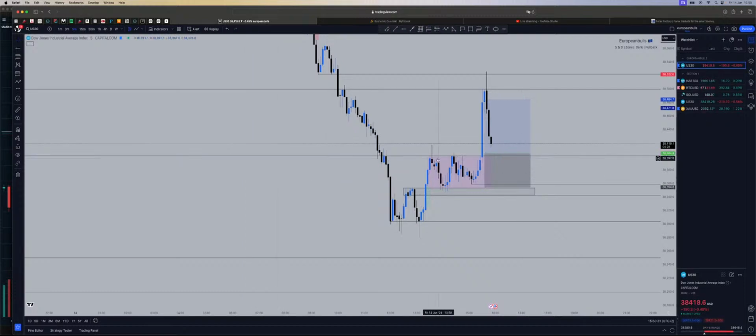Let's wait for the price to come here. We'll see if there is any chance of price moving back up.